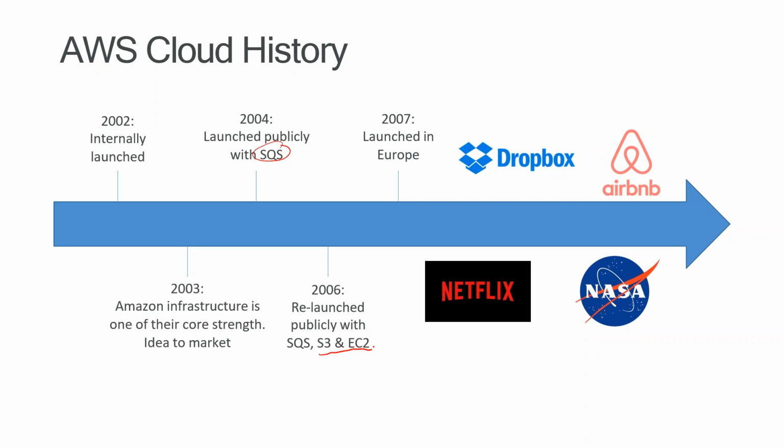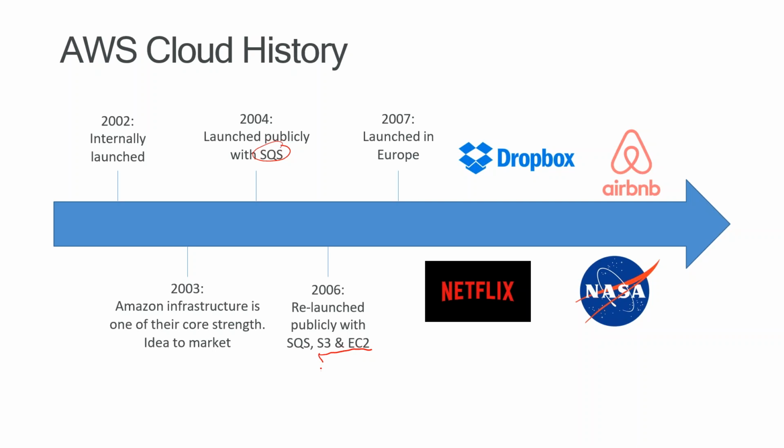So if you are going to learn AWS anywhere, the first things are EC2 and S3. Many people use EC2 and S3 on a day-to-day basis, but they still do not know anything about AWS. So S3 and EC2 are the fundamental services of AWS.